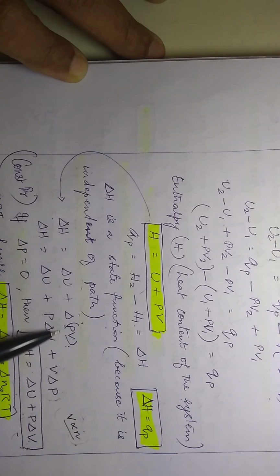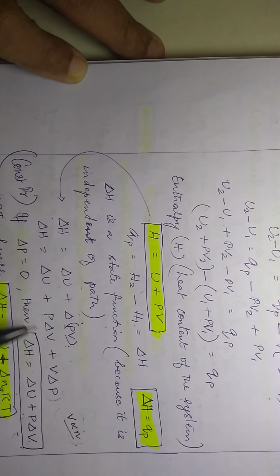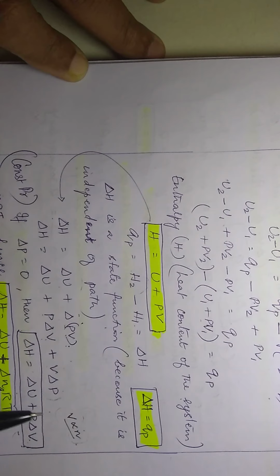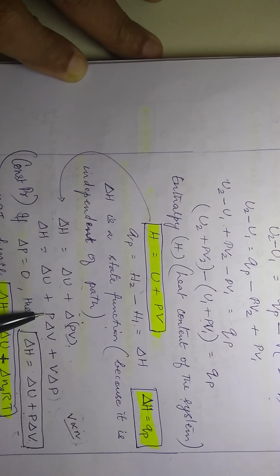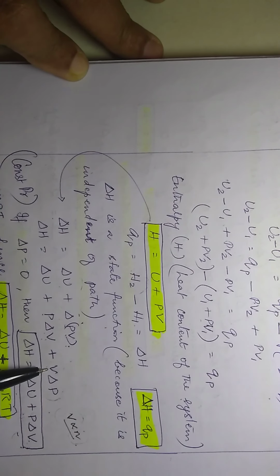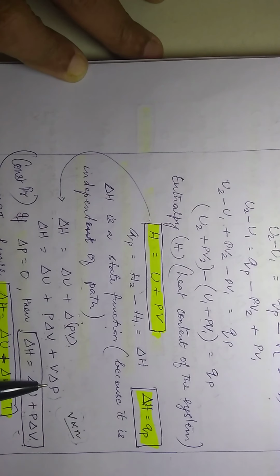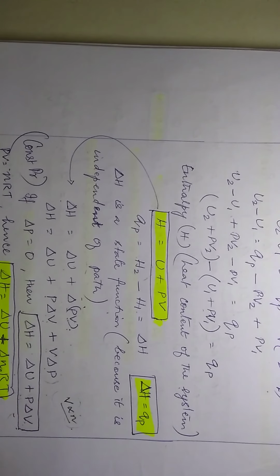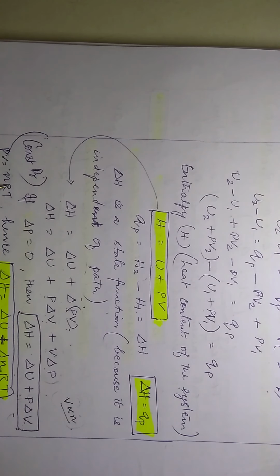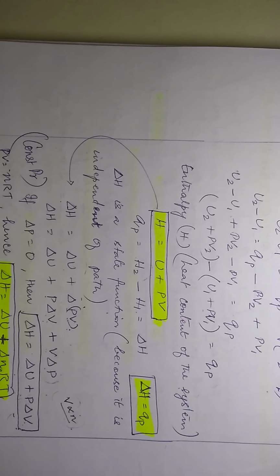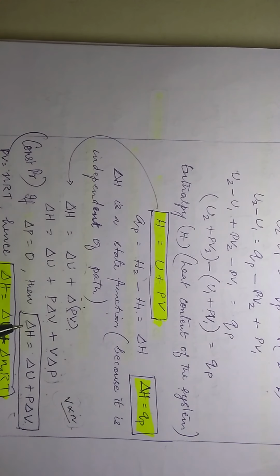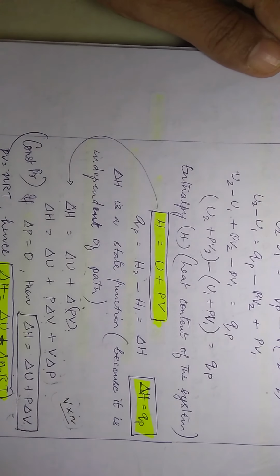So I'm going to relate one in terms of the other. So I'll get P delta V plus V delta P. Here P is kept constant and change in volume is taken; here volume is kept constant and delta P, that is change in pressure, is denoted. Now if P is constant, delta P is equal to 0, then this term will be eliminated. With the result you will have delta H is equal to delta U plus P delta V.